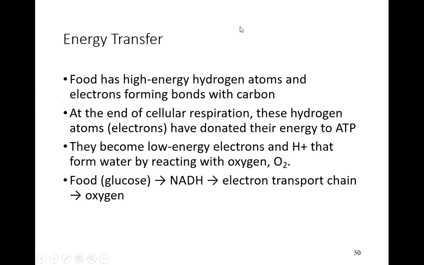Now, all we're going to do is transfer the energy from food into electron acceptors and use that to make ATP. We have high energy electrons. Electrons in the valence shells have lots of potential energy, and we're going to take that energy away from them and use it to produce ATP.